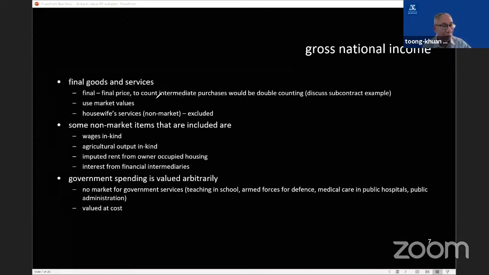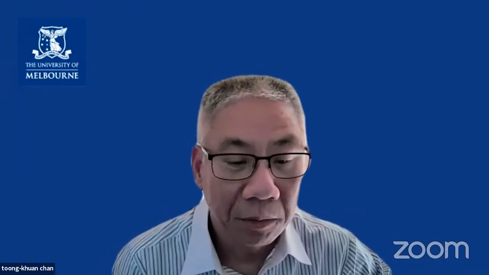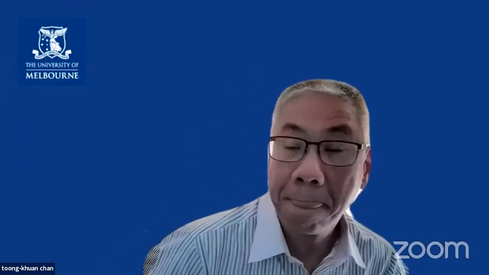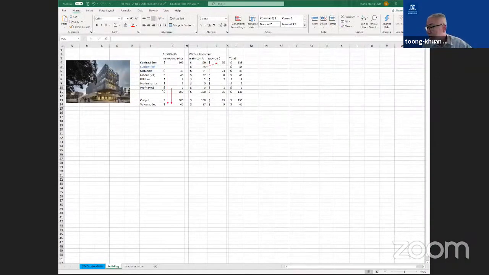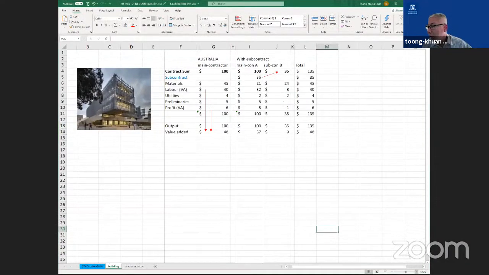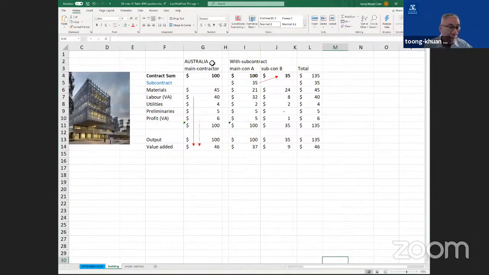All right. So now, to prevent double counting, let me show you an example of my Excel spreadsheet on how we avoid double counting. This is table 4.0. Last week or the week before, we looked at value add for a contractor, right?